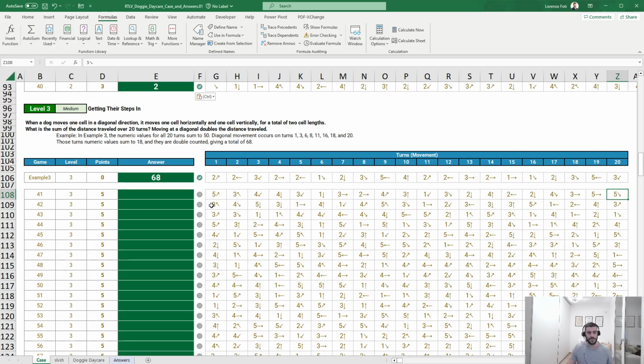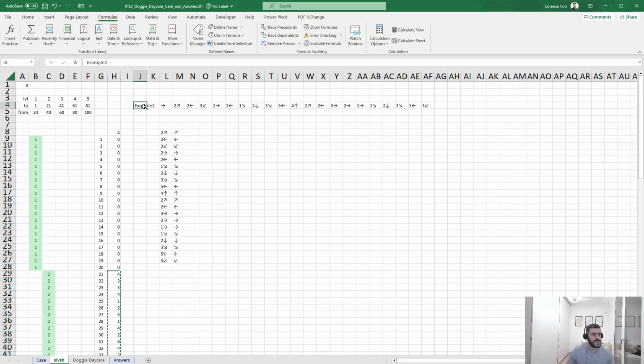But you need to be careful, because you may go out of bounds if you place yourself in cell A1. In the first iteration, you will try to go up, and it's not feasible because you will go outside the sheet. So maybe it's more conservative to place yourself, let's say, at row 1000, column 1000, so you're pretty sure you're not going to go out of bounds. Anyway, let's tackle this with a standard approach.